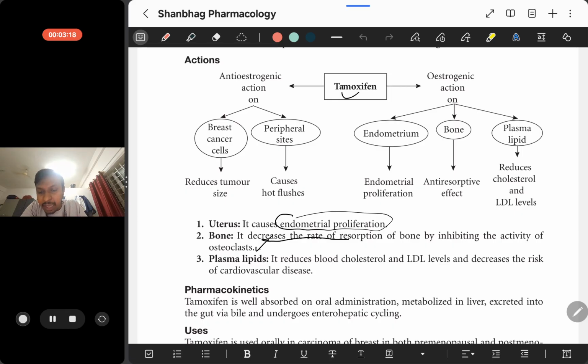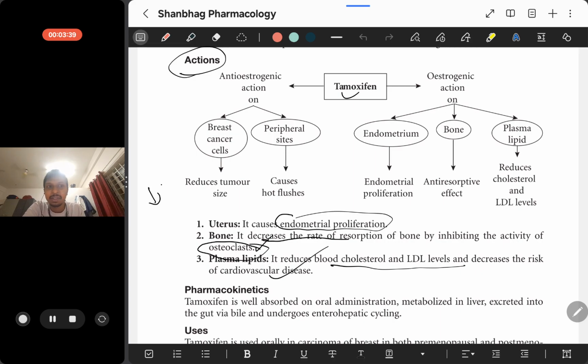Tamoxifen selectively acts on the osteoclasts to decrease the rate of resorption. On plasma lipids, it reduces the LDL levels and decreases the risk of cardiovascular disease. We learnt about the actions of tamoxifen.